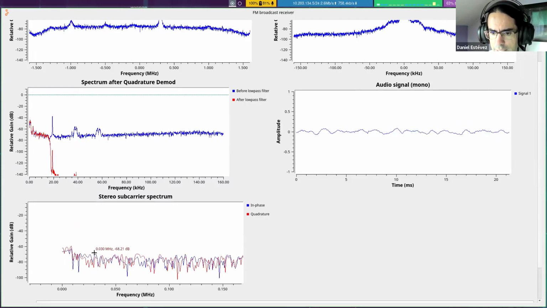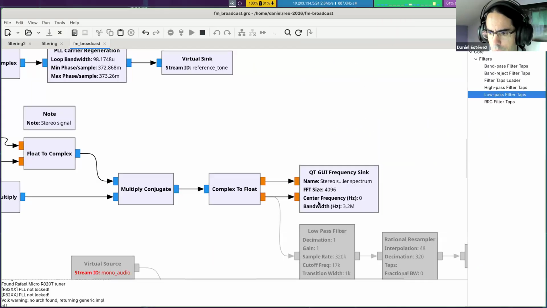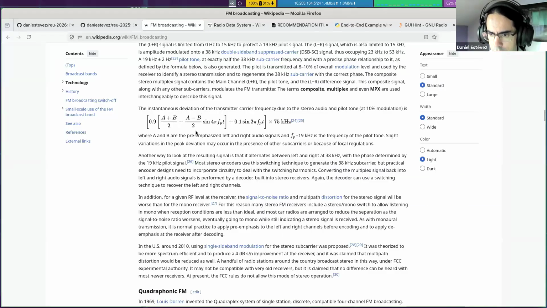But supposedly, this stereo signal needs to appear only in the red part, which is the imaginary part of the signal, only in the quadrature component, because it's multiplying the sine function, essentially. You could also have cosine multiplied by something else. But this thing is going to appear in the imaginary part when we shift things. You can do the math to figure that out.